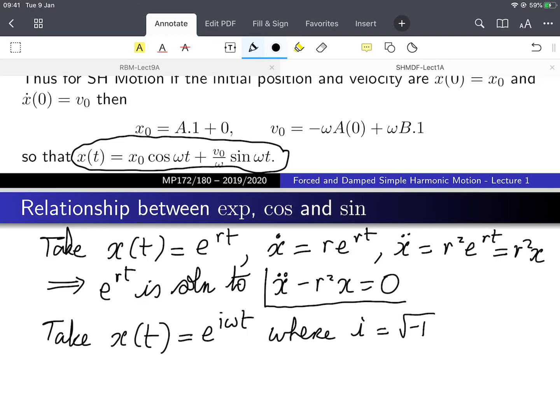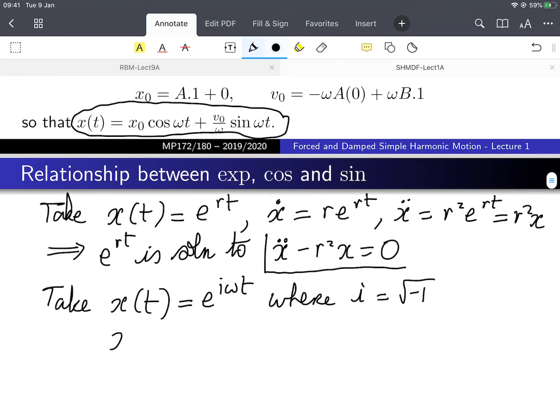So now if I want to differentiate this, it's the same. The same is going to apply. I bring down the coefficient in front of t. If I differentiate it twice, I have (i omega) squared e^(i omega t), and (i omega) squared is i squared omega squared, and i squared is -1.